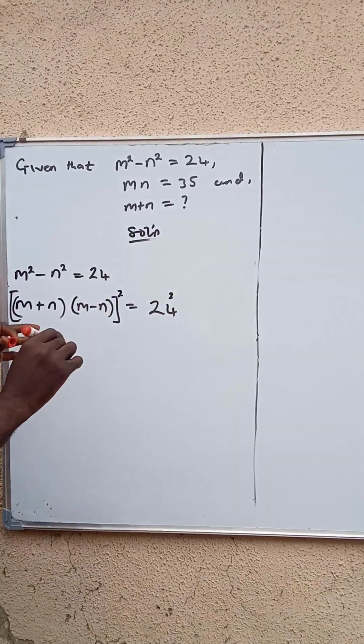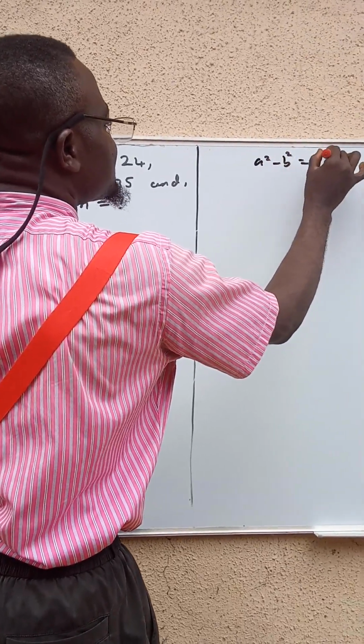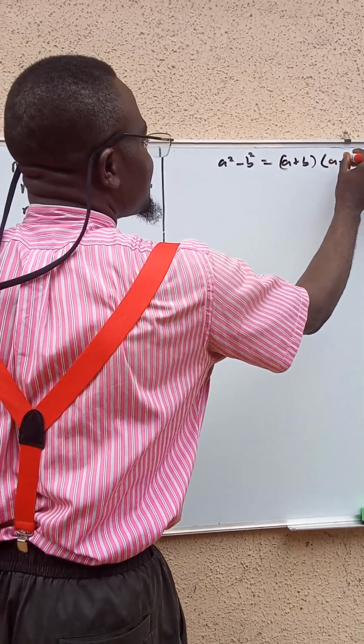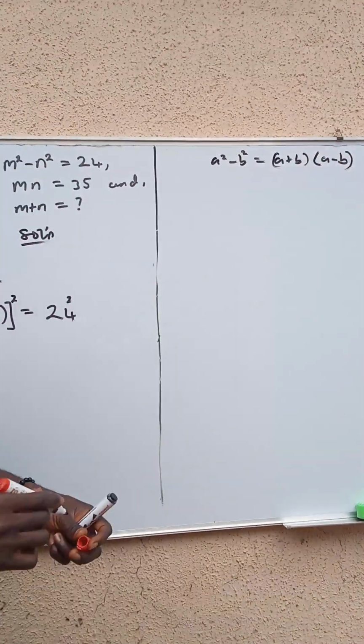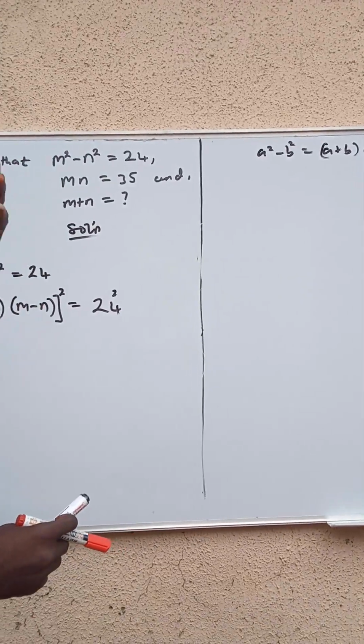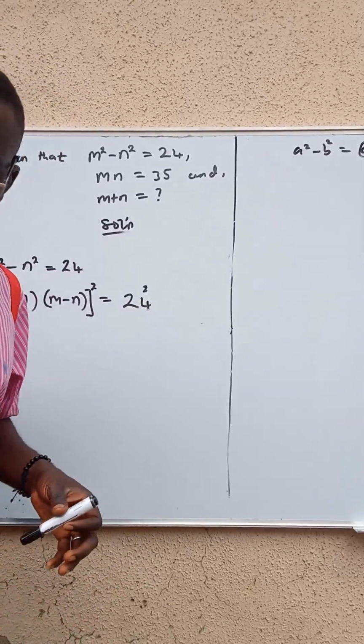Now look at it. What I have, a squared minus b squared, is the same thing as (a plus b)(a minus b). That is the difference of two squares. If it were the difference of two cubes, it would have been different.